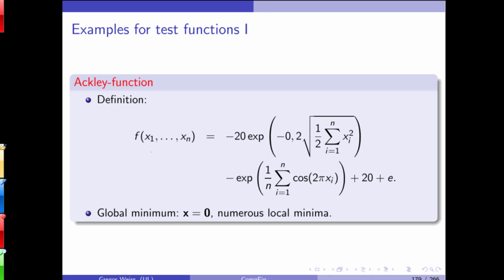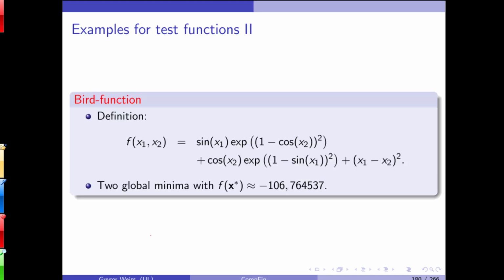For example, the Ackley function. It's an n-dimensional real function, and you can see it's defined by minus 20 times the exponential function here, minus exponential function, plus 20, plus exponential function again. It has a global minimum at 0 and numerous local minima. Bird function, also a very simple, two-dimensional function.